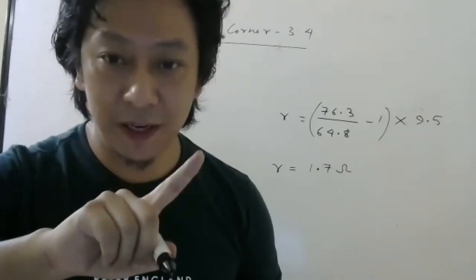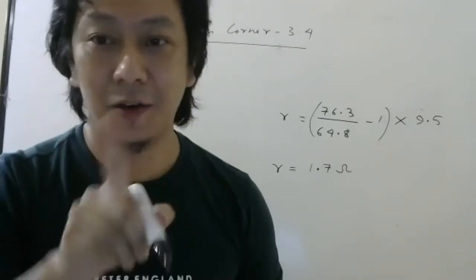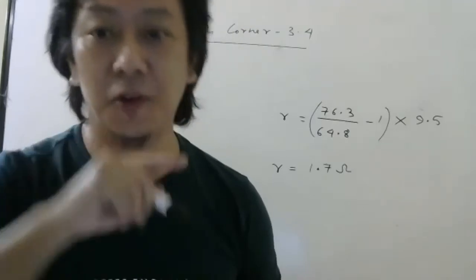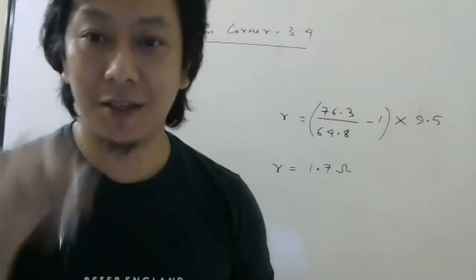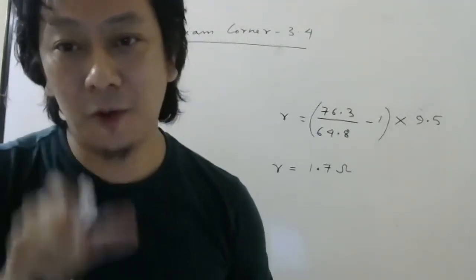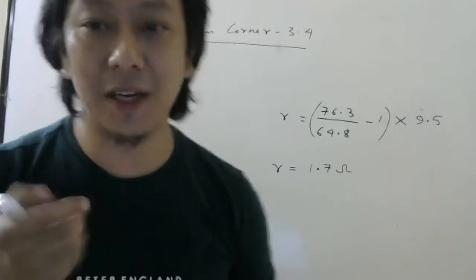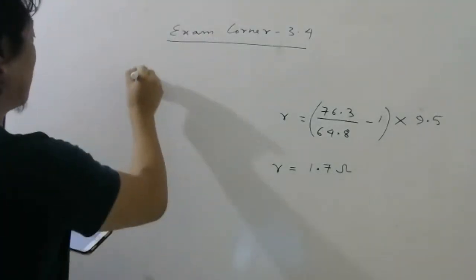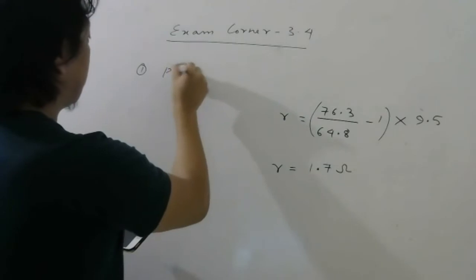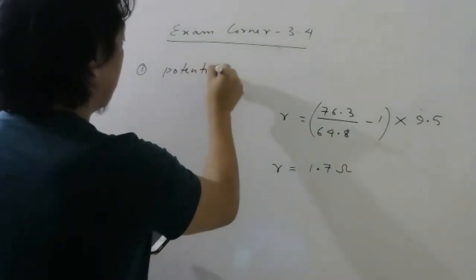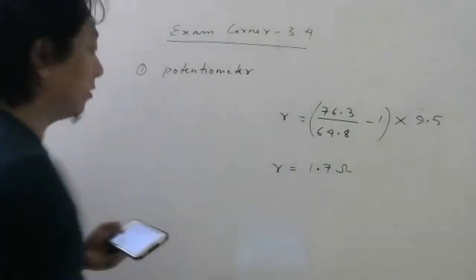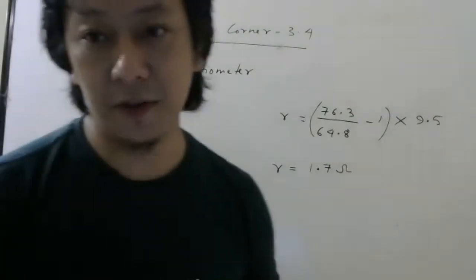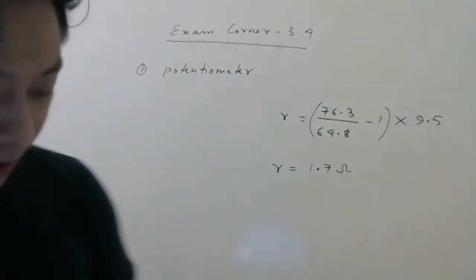For a voltmeter, the needle should deflect. For the needle to deflect, current should flow. But if current flows, then the voltage that you measure will be terminal voltage. So the answer is potentiometer. Potentiometer will measure the exact EMF, not the terminal voltage.